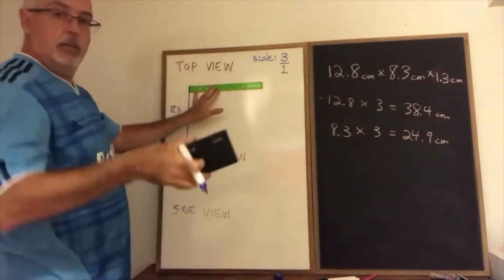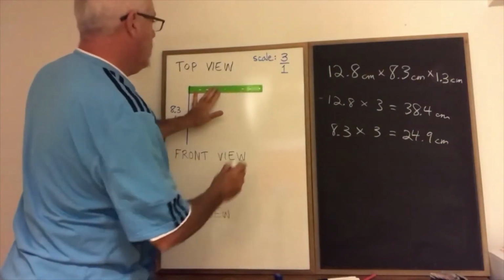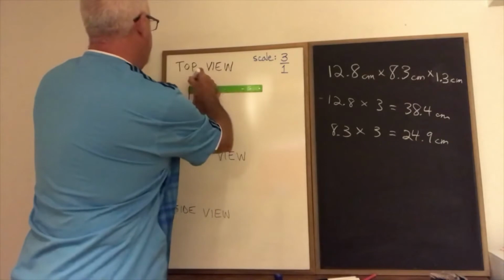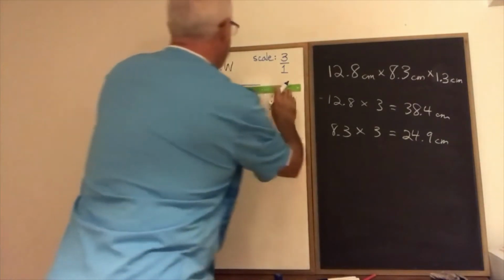The top of this thing is a rectangle, so I'm drawing a 90-degree angle. I am drawing it by eye. The ruler only goes to 30.